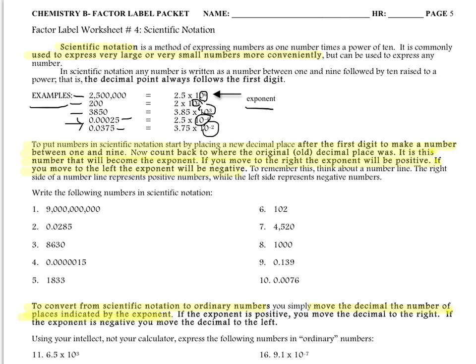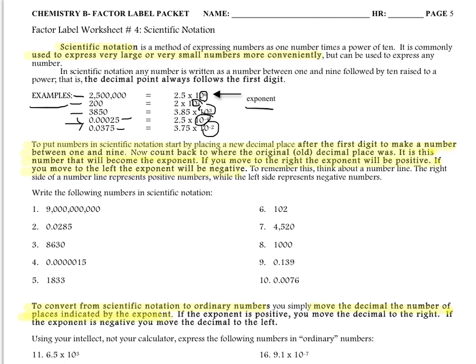All right, so to put numbers in scientific notation, you are going to place a new decimal after the first digit of the number. And that is going to allow you to make a new number that is between 1 and 9, rather than the very large or very small number you've been given.